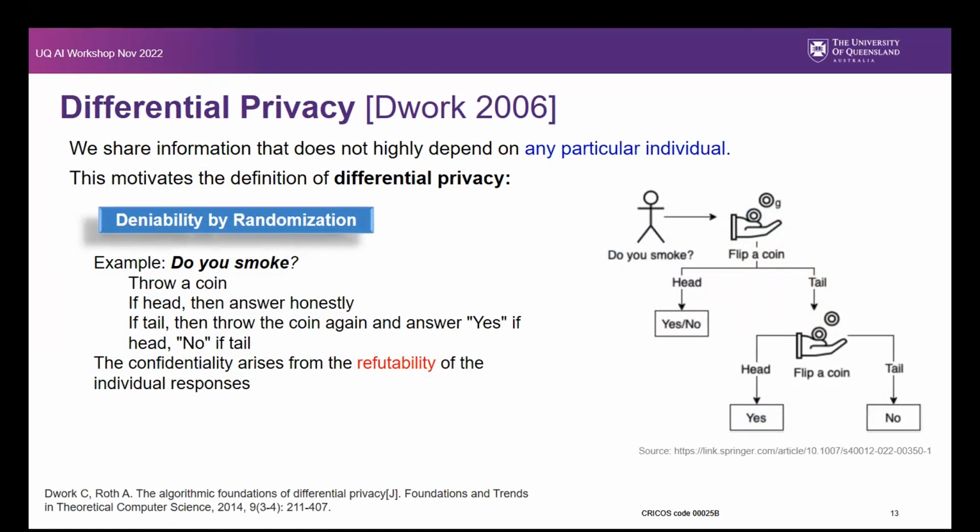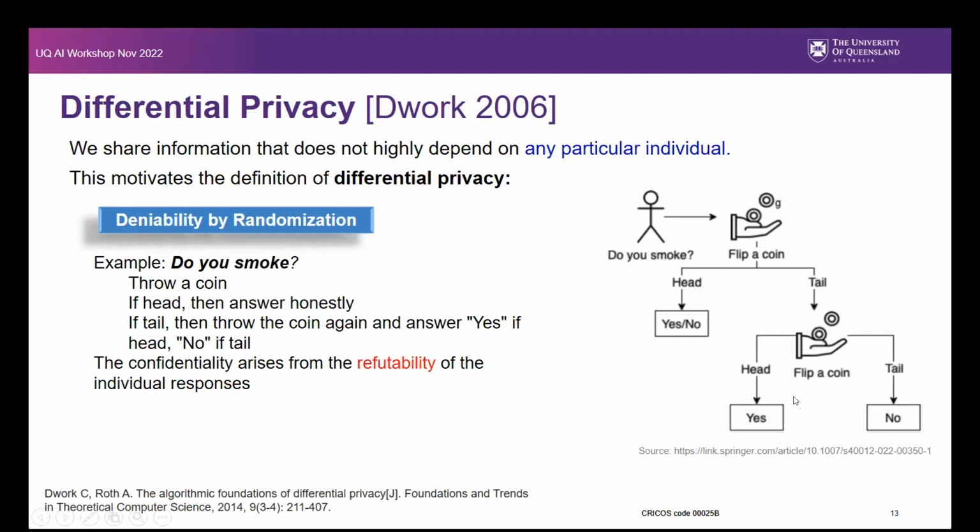What does that mean? The principle in differential privacy is deniability by randomization. That means if you want to know, do you smoke? You don't like to tell me whether you smoke or not, but that's fine. I introduce noise by giving you a coin to toss. If it is a head, then you tell me the truth.